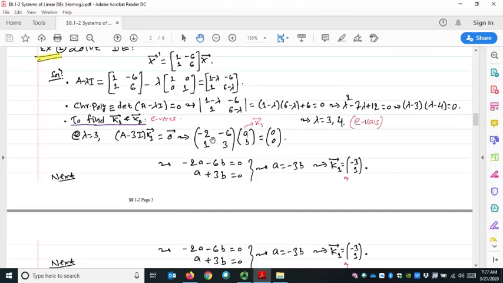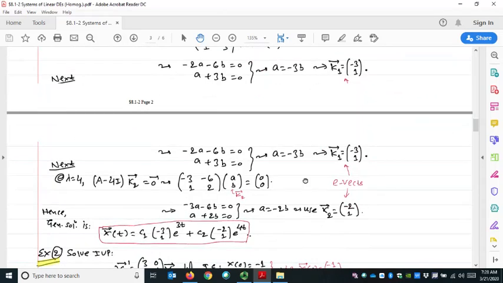So negative 2 times a minus negative 6 times b equals 0, and 1 times a plus 3 times b equals 0. These two equations turn out to be the same equation, which is a equals negative 3b. Pick b equals 1, then a equals negative 3. So now we found the first eigenvector corresponding to eigenvalue 3. One small comment here: any pair a, b which satisfies these equations works fine. So we pick b equals 1, a equals negative 3.